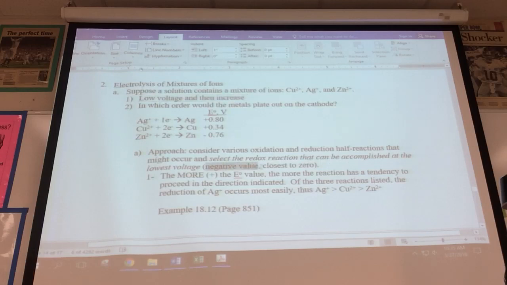It's going to be negative. You want it as close to 0 as possible, and that will make more sense in a couple minutes. It says the more positive the E value, the more the reaction has a tendency to proceed in the direction indicated. Of the 3 reactions listed, the reduction of silver ion occurs most easily. Again, the most positive E.